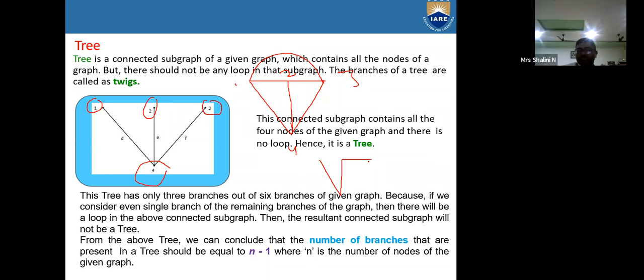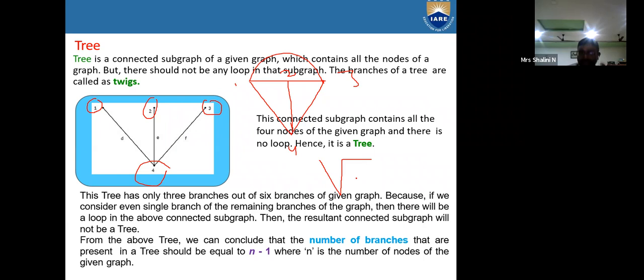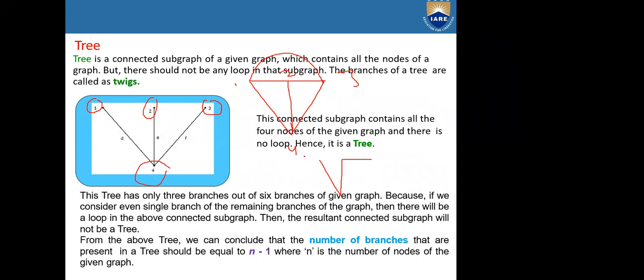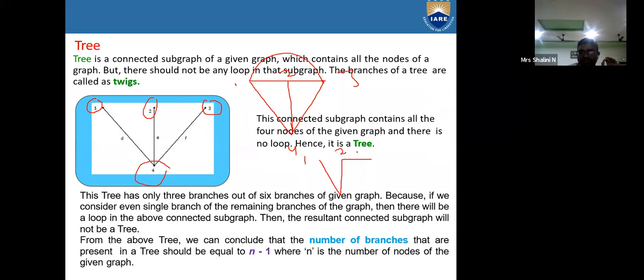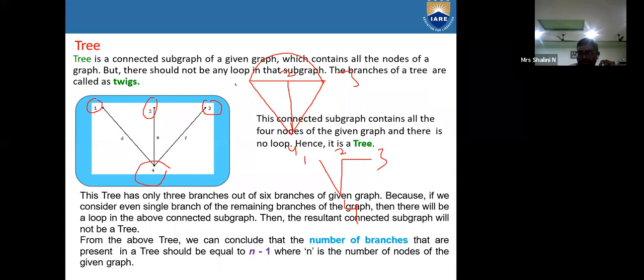Use all the nodes, but draw only 3 lines. I will tell you what the lines will be. First of all, a tree is nothing but connecting all the nodes, but as an open path. It is one of the trees. And draw here 1, 4, 2, 3. It is one of the trees.